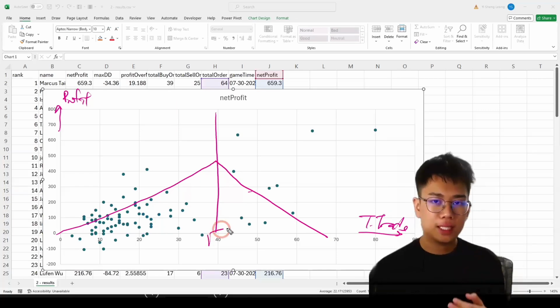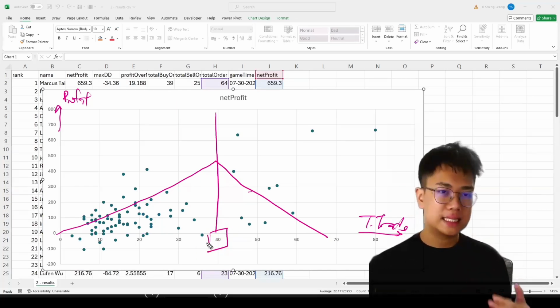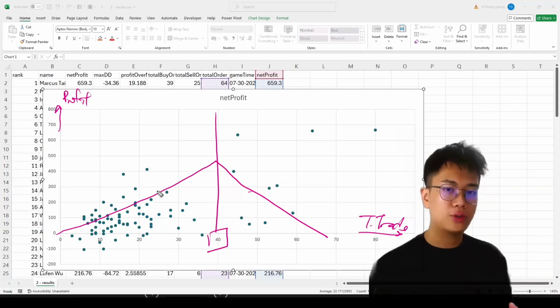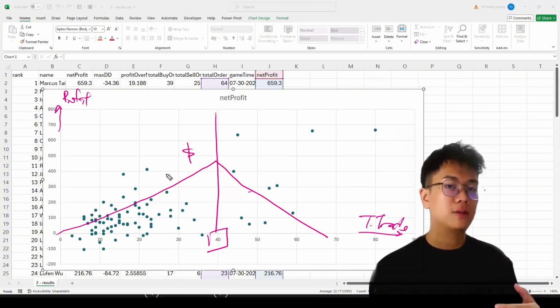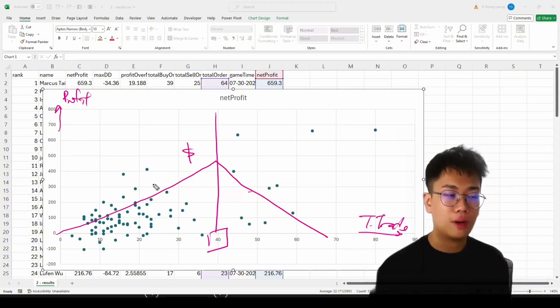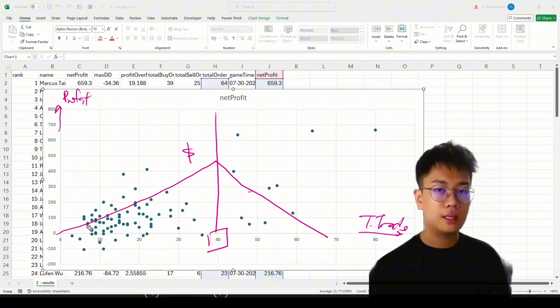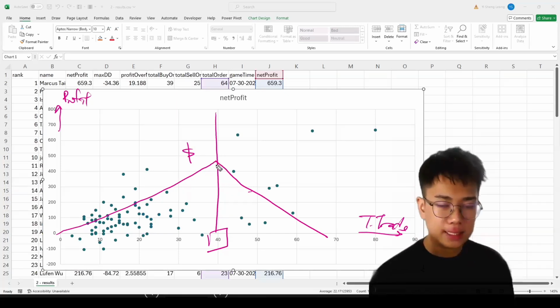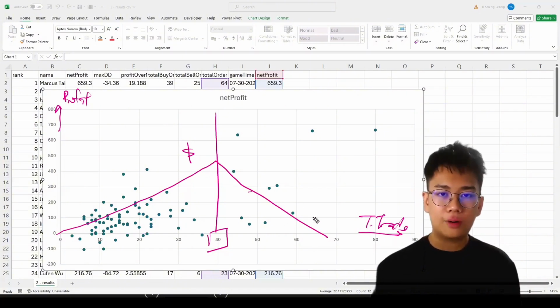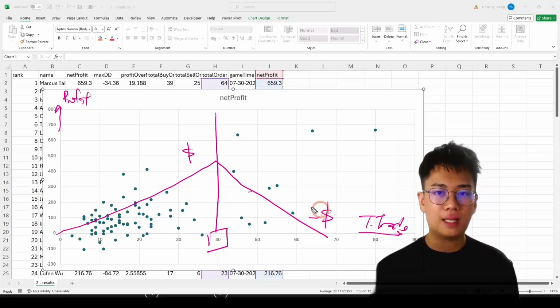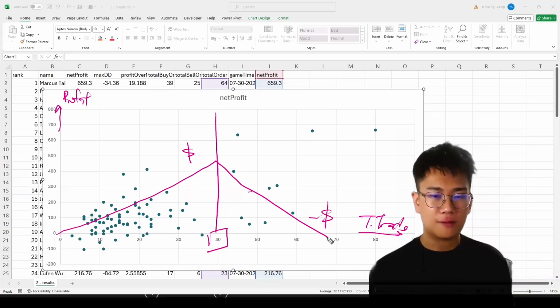Before 40 trades, you are in a situation whereby the more you trade, the more profit, which is what you guys have been taught. But afterwards, the more you trade, the more losses you have and the less profit you make.